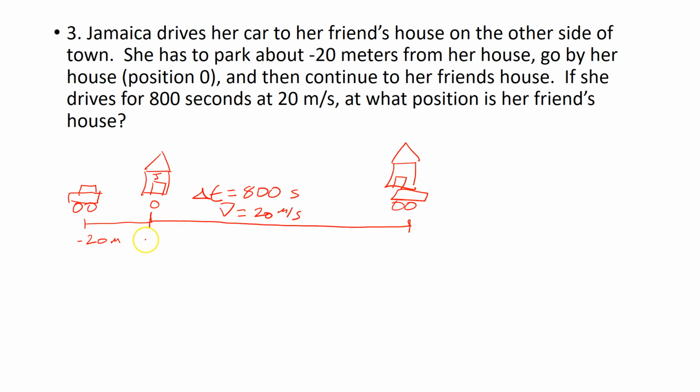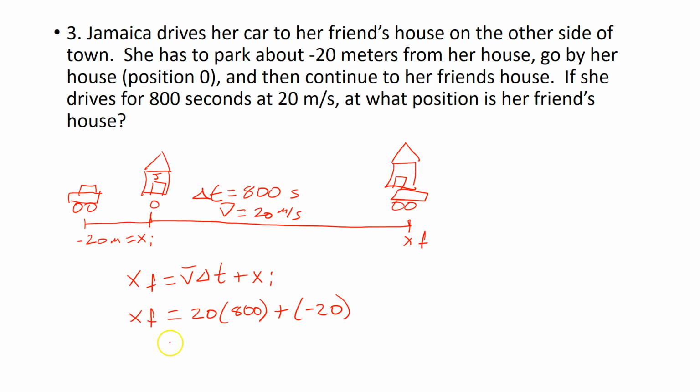We already know the initial position, but we do not know the final position, so we've got to find it. So final position is equal to velocity times the change in time plus xi. This is equal to 20 times 800, and then we're going to add to that negative 20. So we're really just subtracting 20 to find that final position.